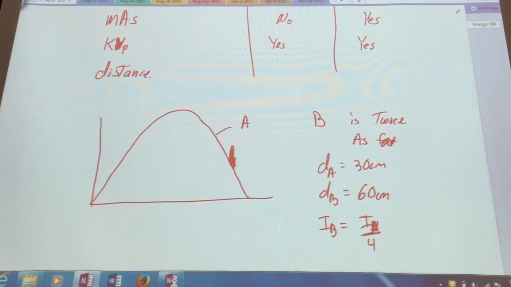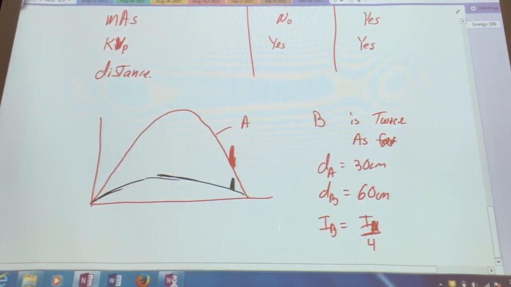Something that looks like that. All right. So distance changes the quantity.